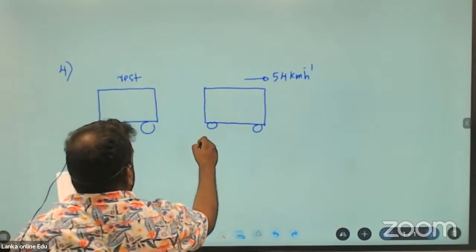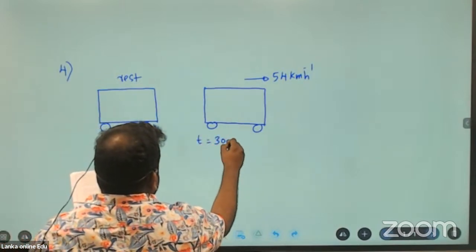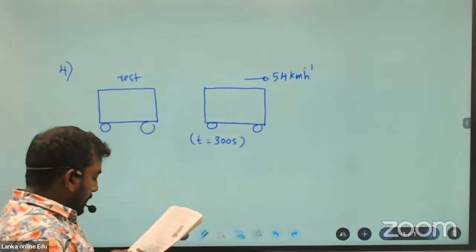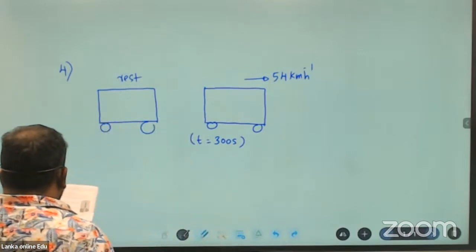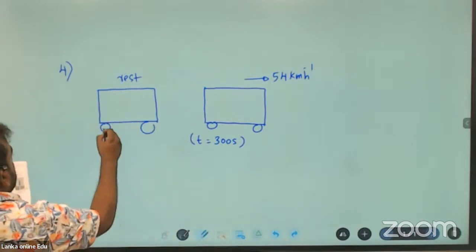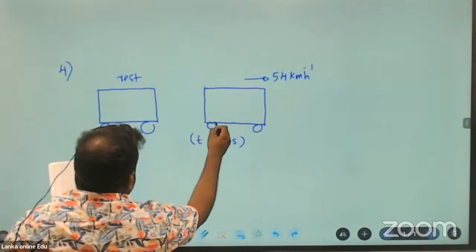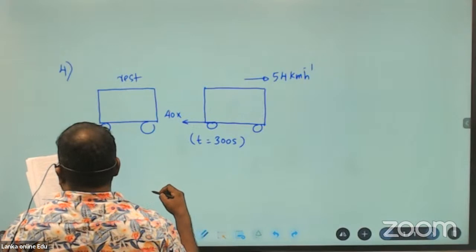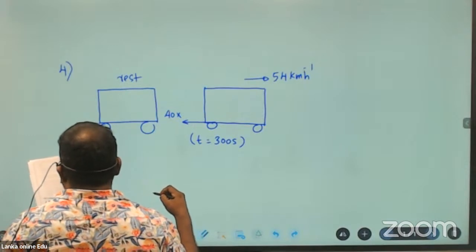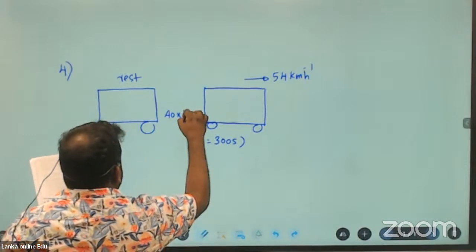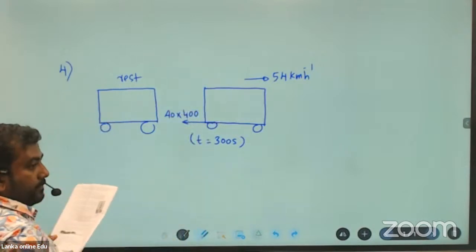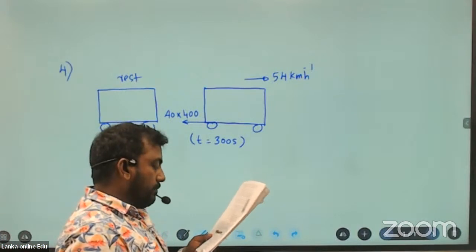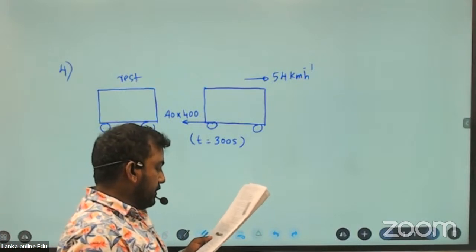Time taken 5 minutes, 300 seconds. Frictional resistive force on the train is 40 newtons per 1000 kilogram. This you have to multiply by 400, so 400 times.